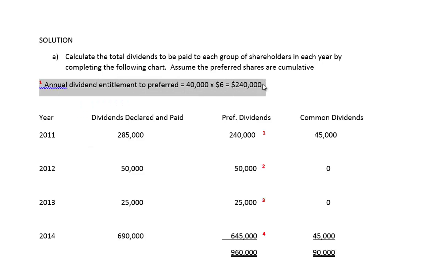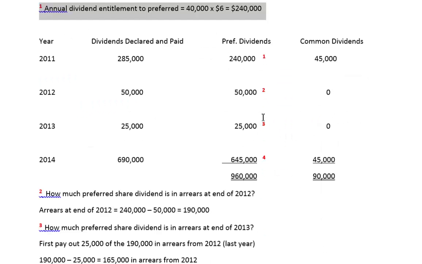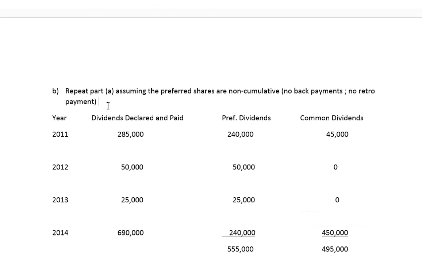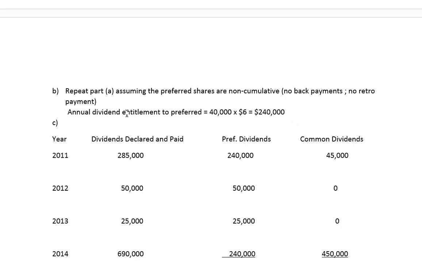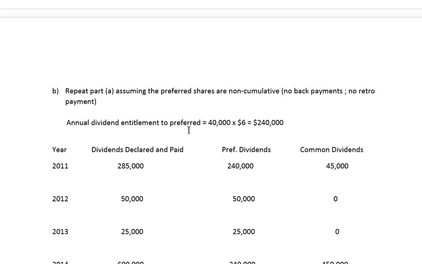They're still entitled to that. So I'm going to copy that and just paste it here. Okay, their annual entitlement is still going to be $240,000. And again, we declared more than enough, so they're getting their full entitlement, and common get the rest.